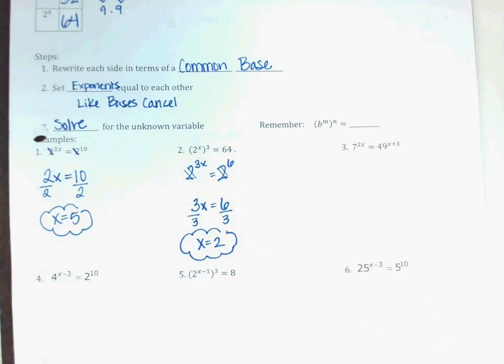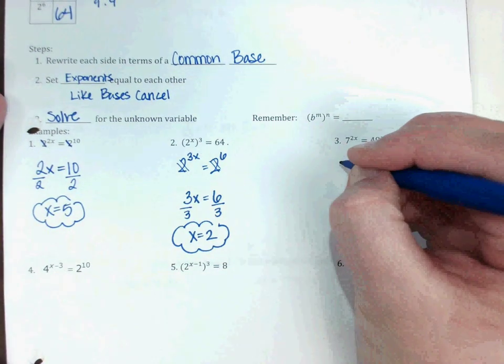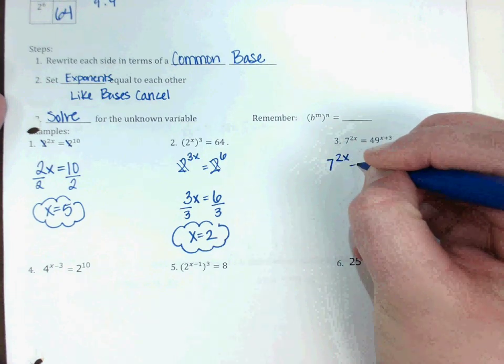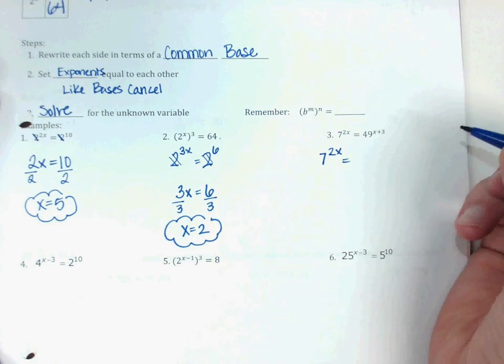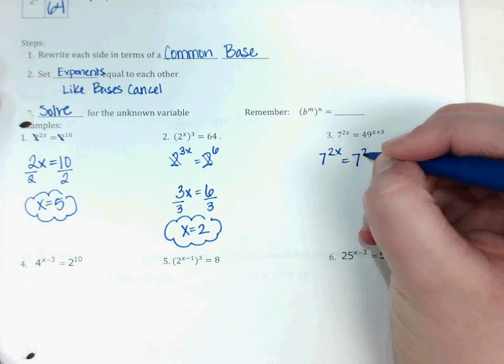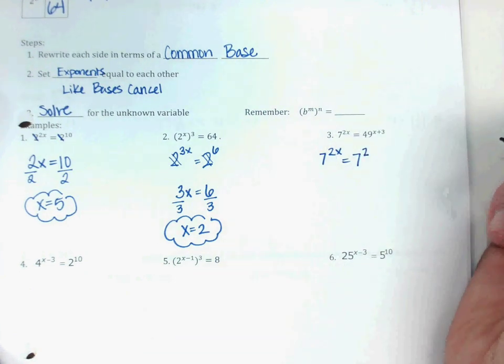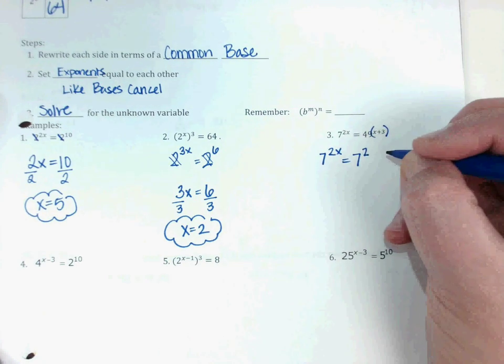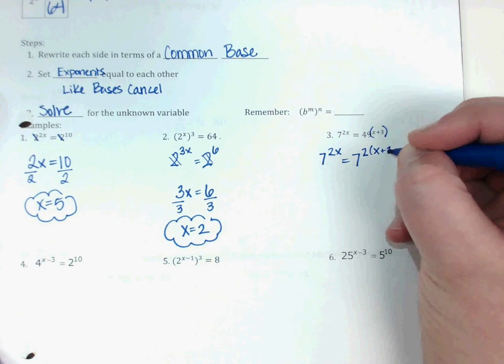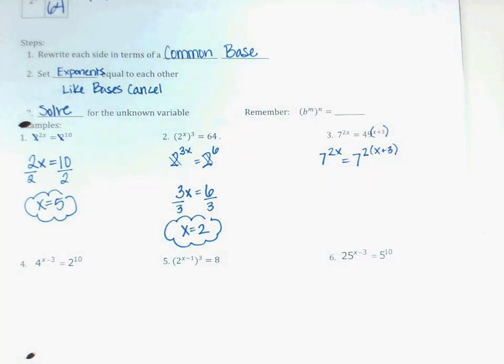Good job. Okay, look at the next one right next to it. I have 7 to the 2x on the left. So 49 I need to rewrite. What is 49 as a base 7? 7 squared. Now, the exponent that was already there, you need to keep together. So if it was an x plus 3, I need to keep the x plus 3, but I need to parentheses it together to show that the 2 is coming in new, but the x plus 3 was already there.